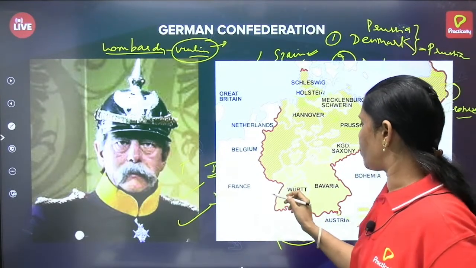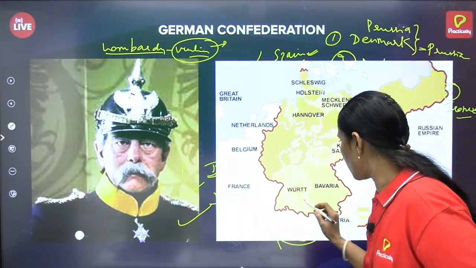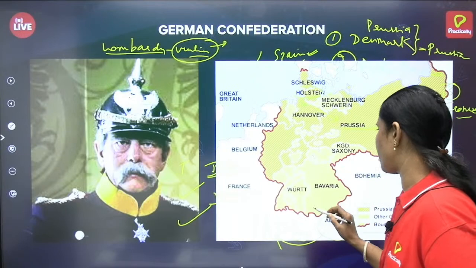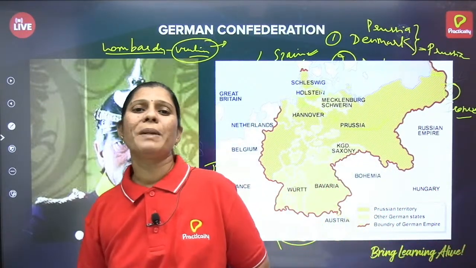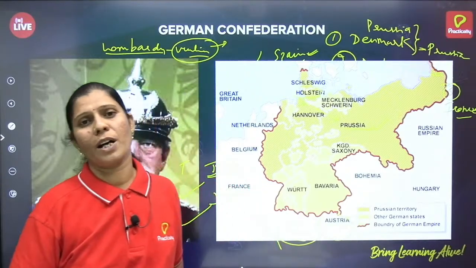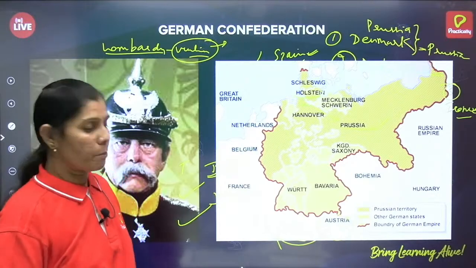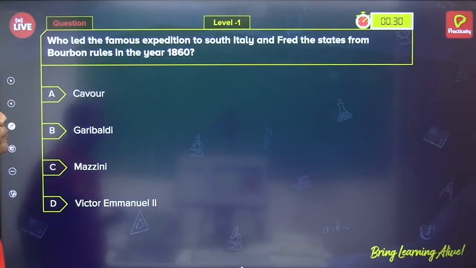Even some of the southeast places like Württemberg were not willing to stay with France, and these were also converted into Germany. So in the three major wars, after 7 years of struggle, the unification will be complete. This was an important thing to be noted here.